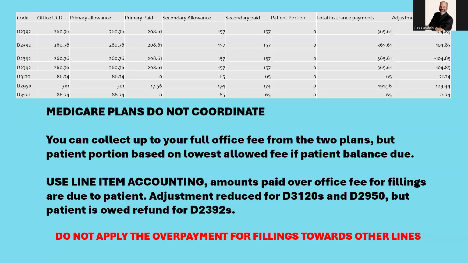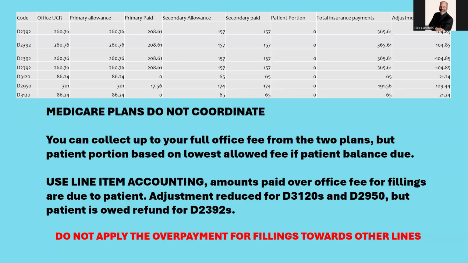Because the secondary is a non-coordinating Medicare plan, that $416 credit, 104 times 4, you write the patient a check for that. So yes, there are scenarios where the patient can profit by going to the dentist.